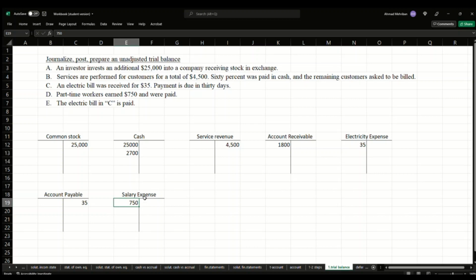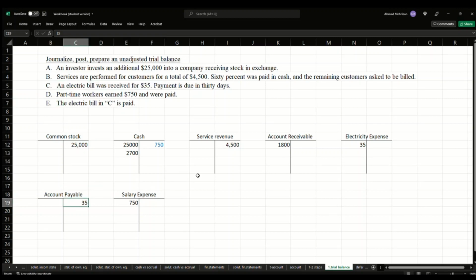Every expense account, as you can see, is recognized on the debit side, and they were paid immediately. Paid immediately means that they received cash right away. 750 is a cash payment to workers through the credit side of the cash account. And the last transaction is that the electric bill in C has been paid.